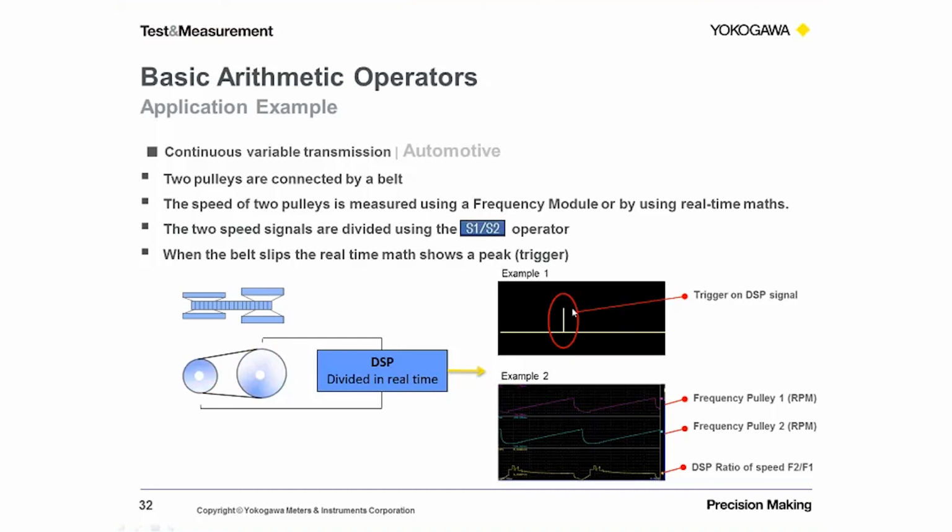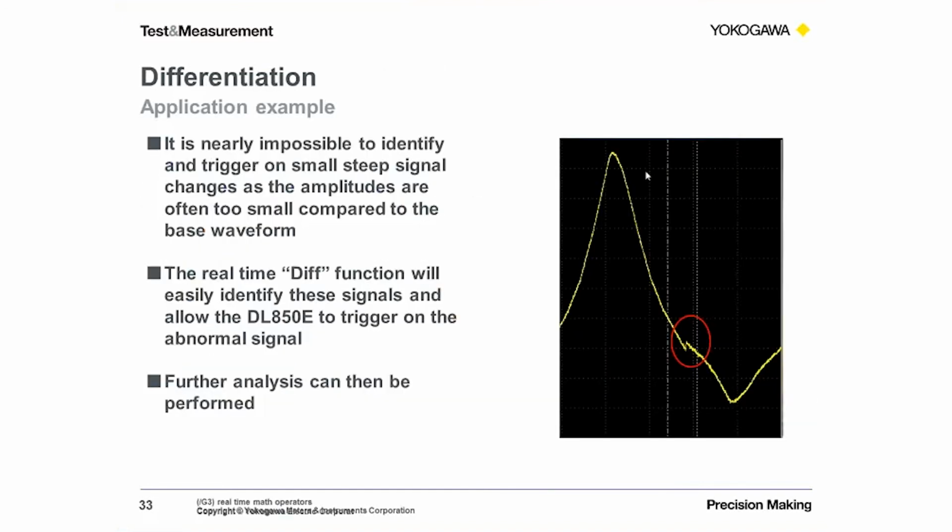Another, actually more interesting, example is using differentiation. Differentiation, of course, means that we're not looking at the voltage amplitude of a signal, we're looking at how fast the amplitude is changing. And in practice, with normal types of oscilloscope trigger, as we can see down here, we have potentially very small changes in amplitude, which are always difficult to set triggers on.